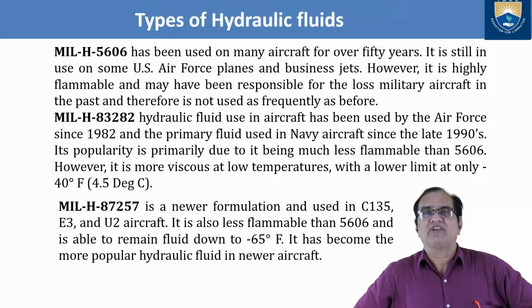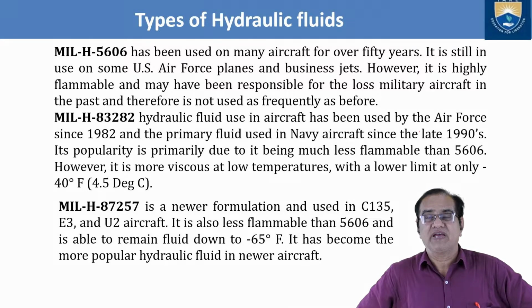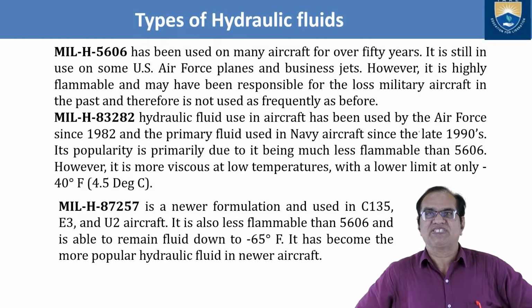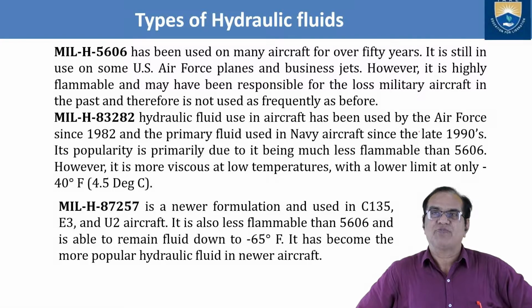Next very important hydraulic fluid is military H83282. This hydraulic fluid has been used by the Air Force since 1982, and it is the primary fluid used in Navy aircraft since the late 1990s. So the US Air Force has used military H83282 and does not use military H5606 because its flash point is very low.